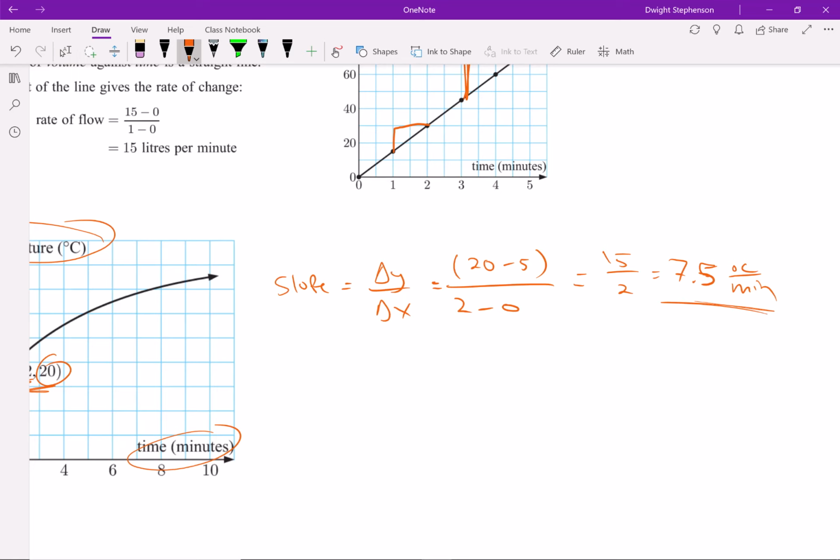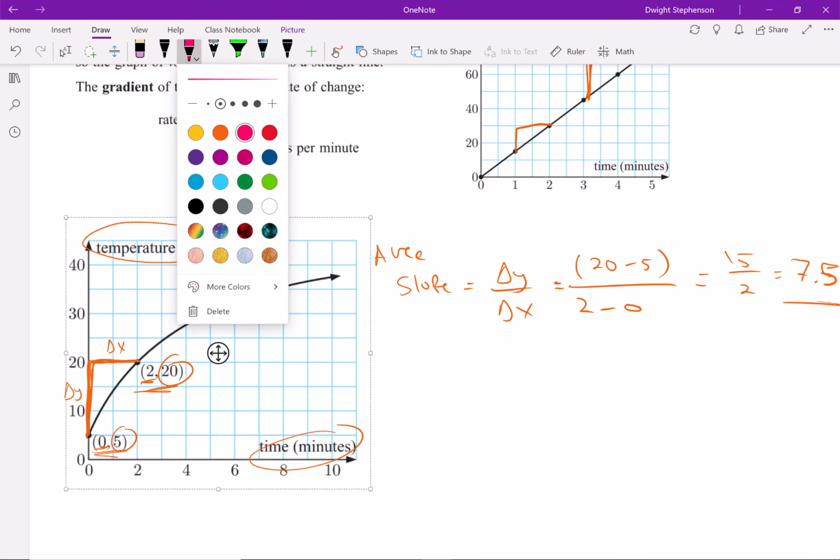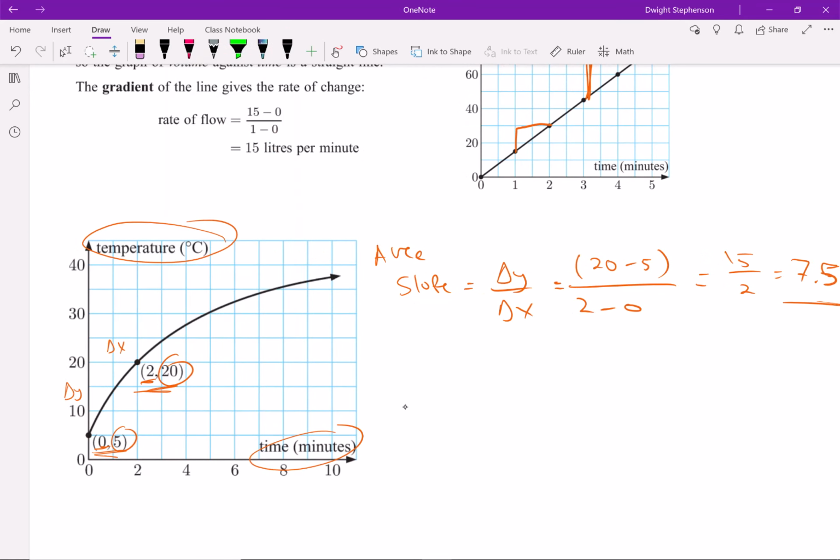But again, that's an average slope, right? What we actually just found was the slope of this line that goes through these 2 points, a straight line. And you can see that that straight line does not perfectly show how it was changing in between 0 and 2, but it gives us an average rate.